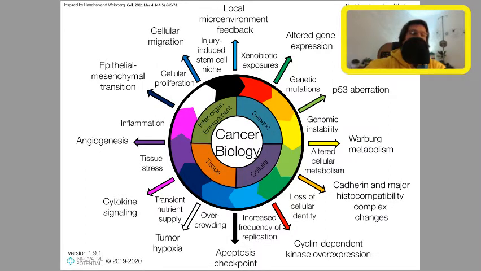It was one of the first papers to attempt to put everything in one picture. This paper was the Hallmarks of Cancer. There was one paper done in 2000 and another one done in 2011.